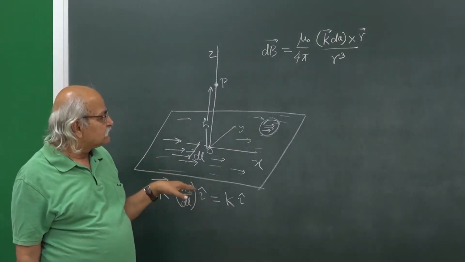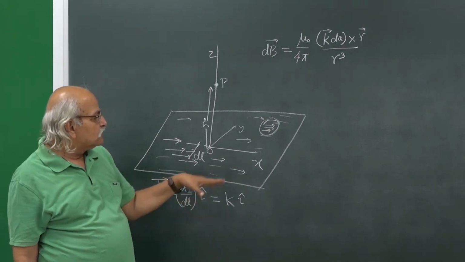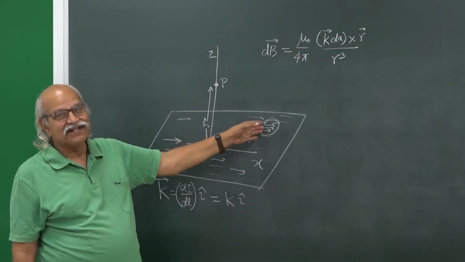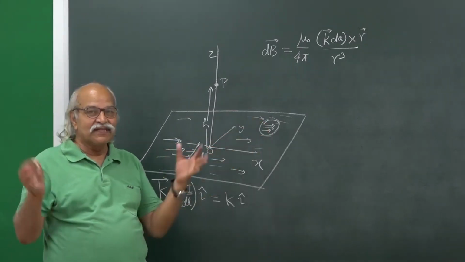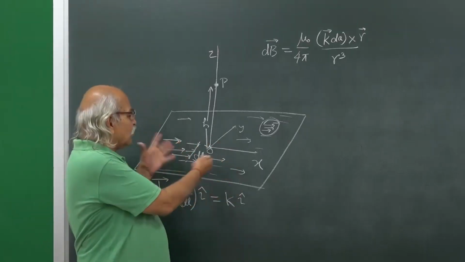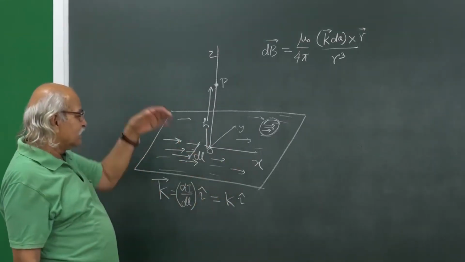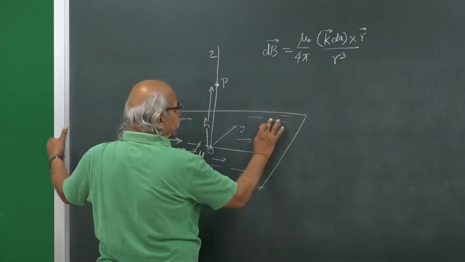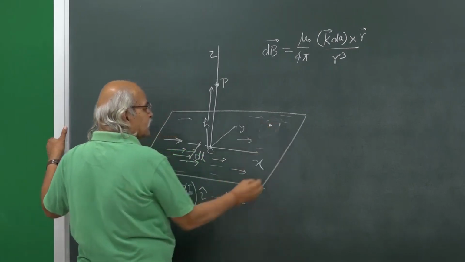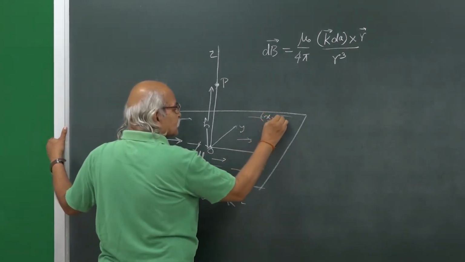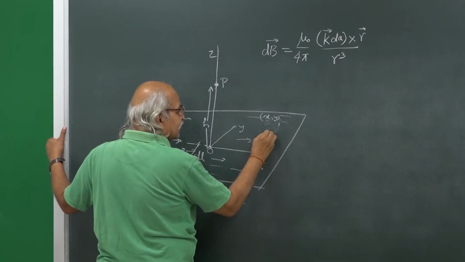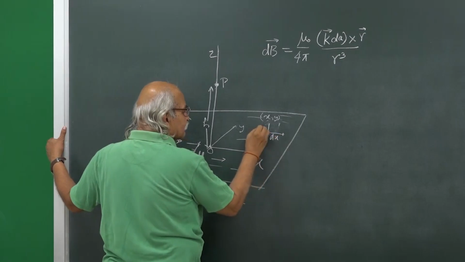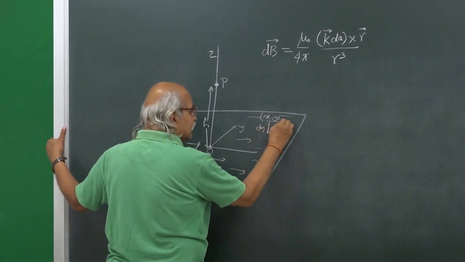Now, it will become simpler if you take the area using cylindrical polar coordinates once again. One simple thing which comes to mind is that this is very good, all x, y, z axes, current is in x direction. So, suppose this is a general point on the plane, x comma y, then we can say okay fine, we will take dx here and then dy here, and then make a rectangle.